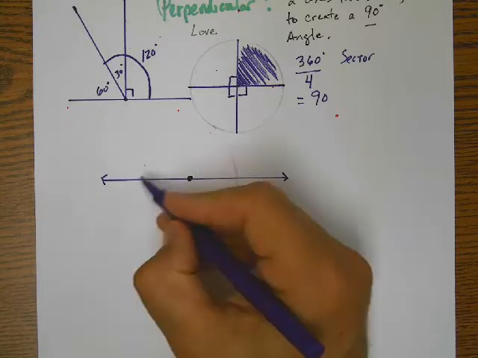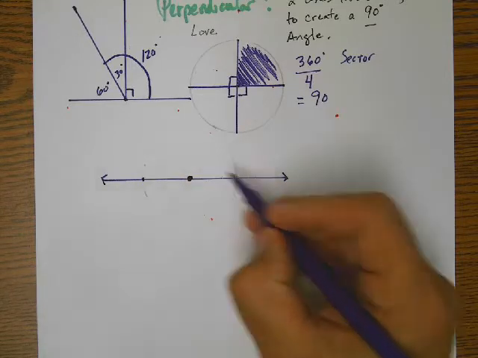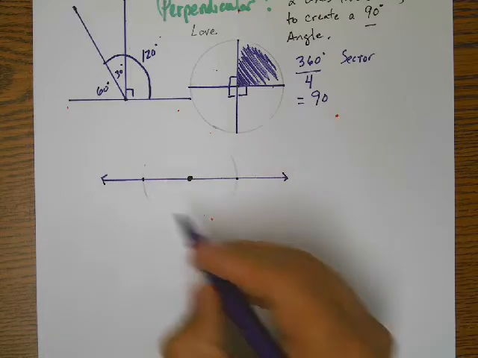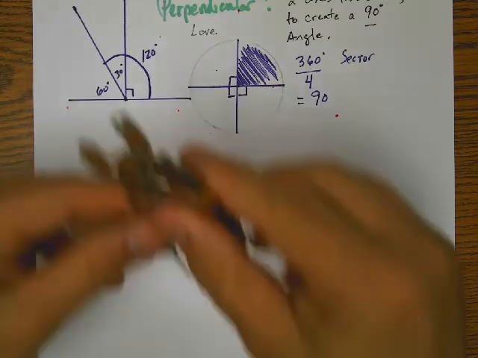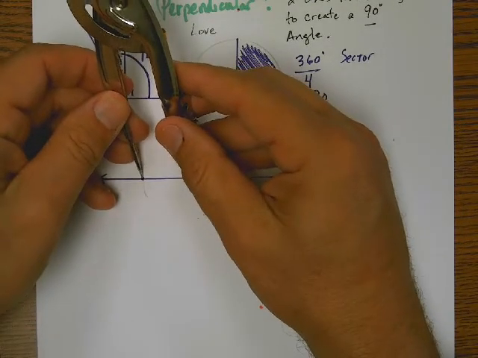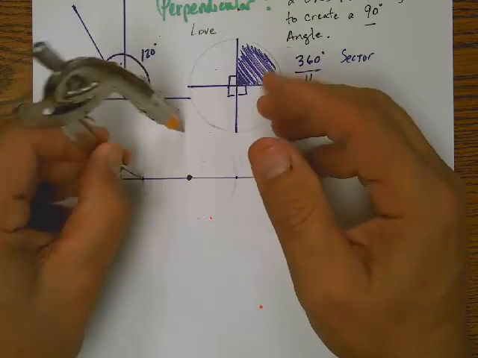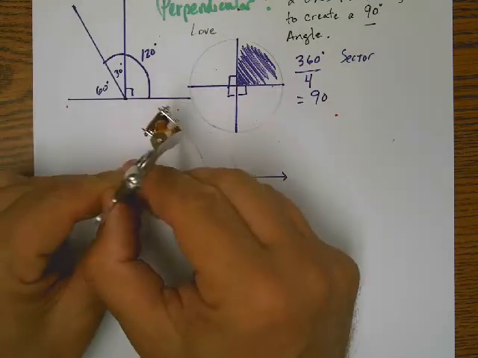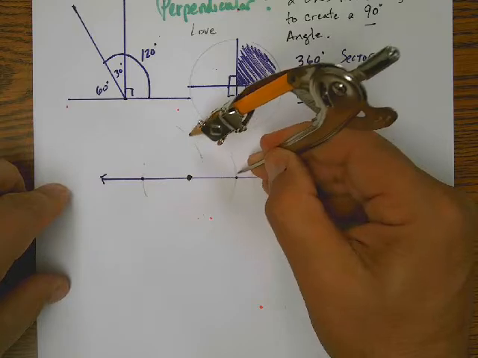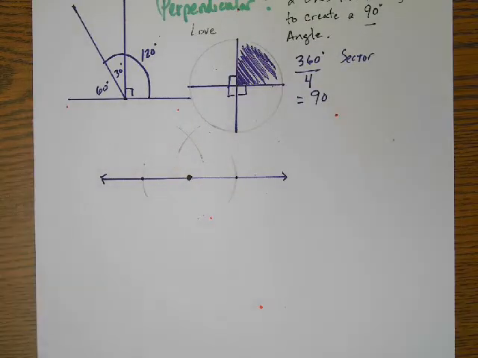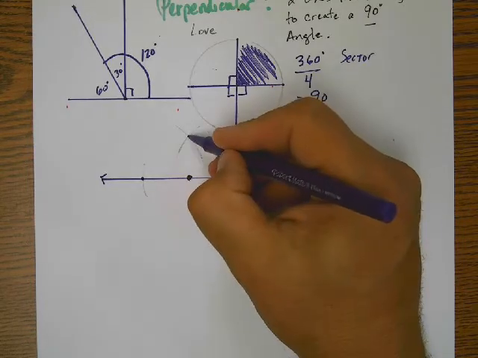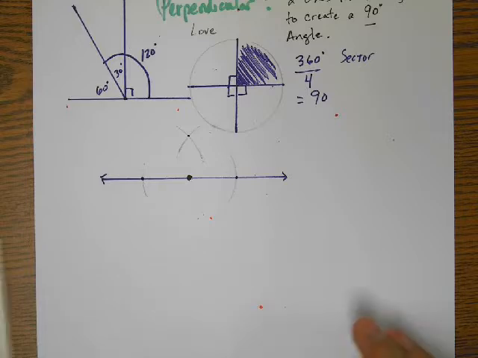Because my eyes are so bad, I like to highlight those points of intersection. And now, I'm going to go from those 2 points and get a point of intersection above out here in space. Use the same width on my compass and go from the other point. Use that point of intersection and then the point that I put on the line.